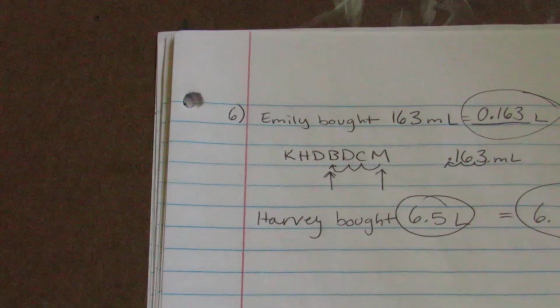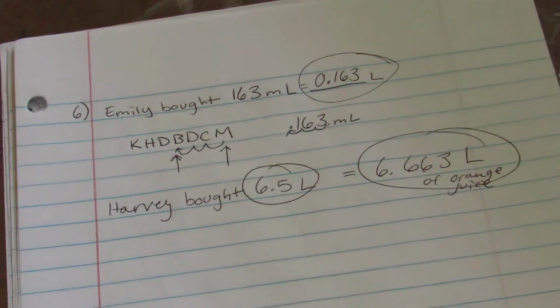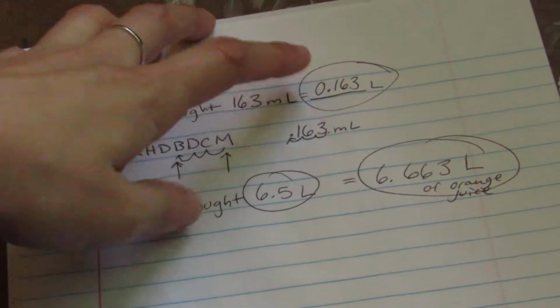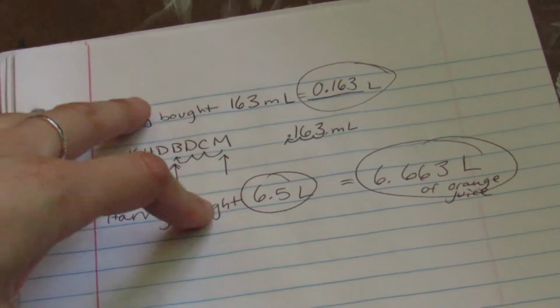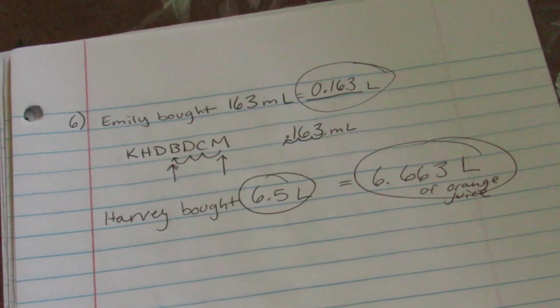Alright. Oh, y'all didn't see any of that. I'm sorry. Anywho, but you know, if I add what Emily bought in liters and what Harvey bought in liters, that's how much I get total. Okay? So let's go ahead and move on to number 7.